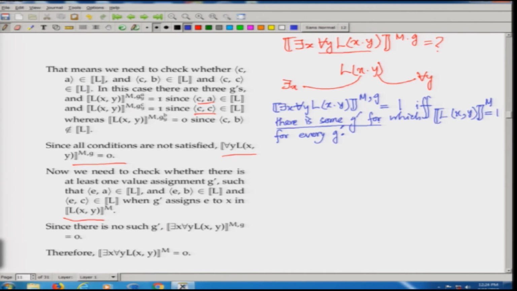So, the first thing, you see, the starting point is some g prime. We are not writing some g prime that assigns value just to x, and then looking for another g prime that assigns values for y. So we need to add those things. So, how could we add?